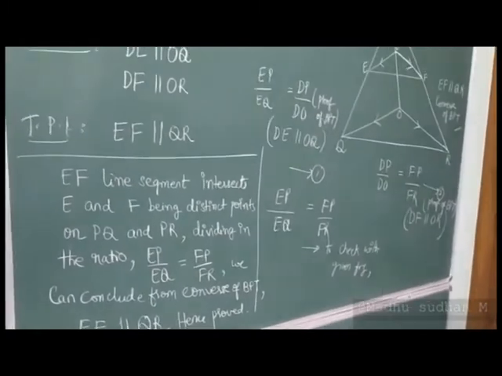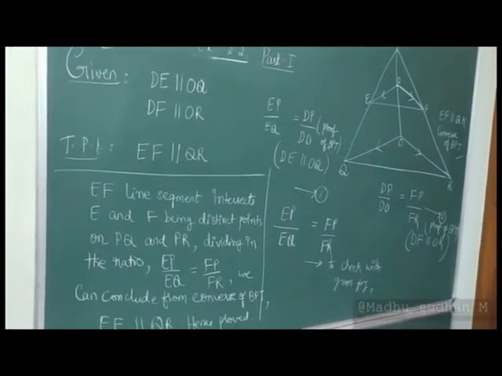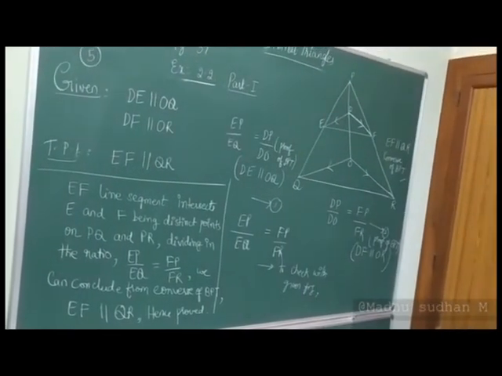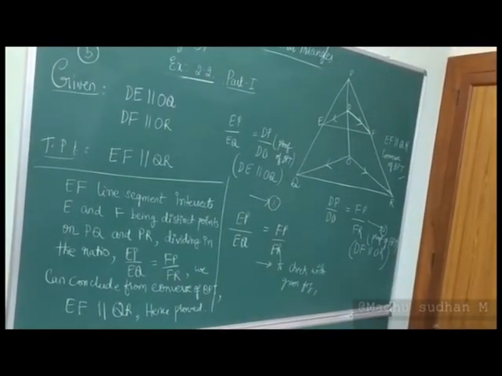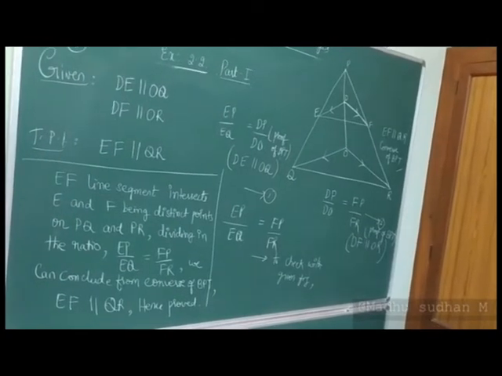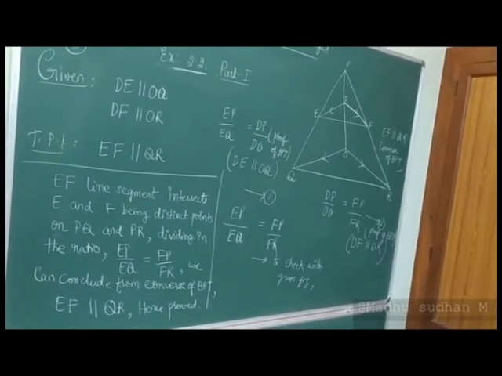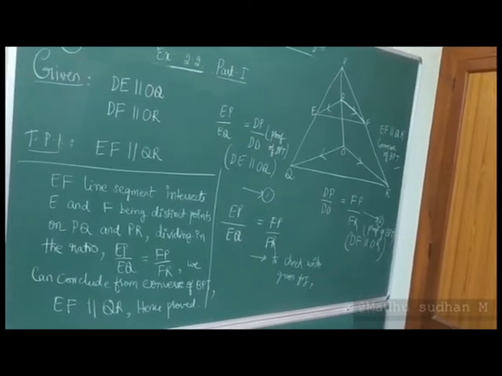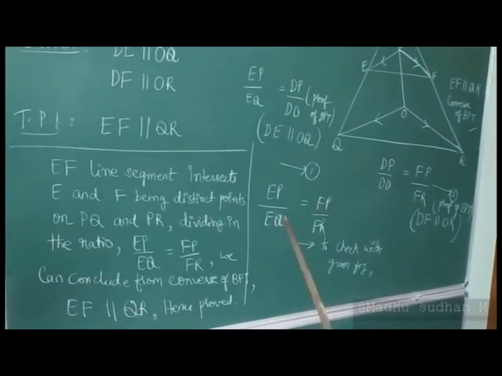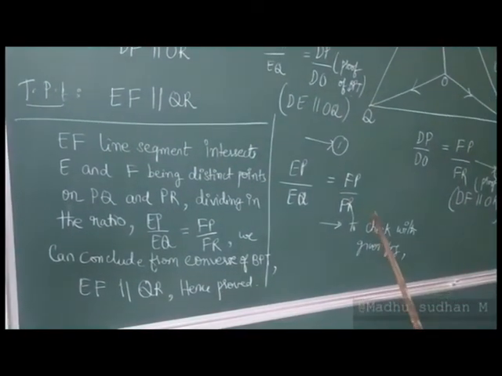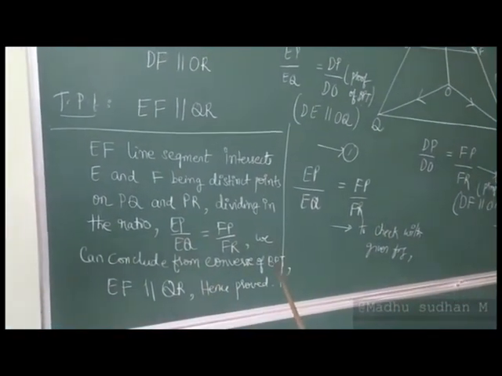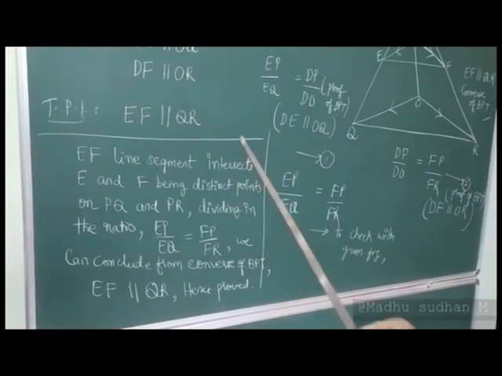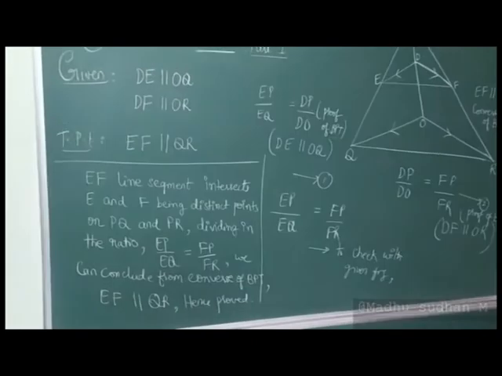So EF line segment intersects PQ and PR at E and F respectively, dividing them in the ratio we have proved here, EP by EQ equals FP by FR. We can conclude from the converse of BPT that EF is parallel to QR, and that is the proof of this question. Followed it, children.